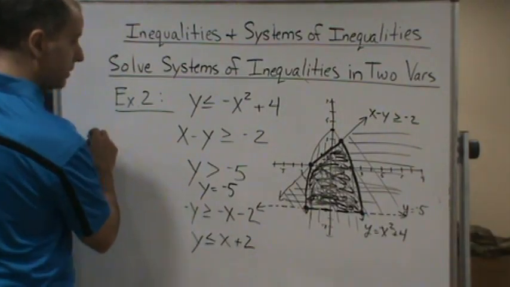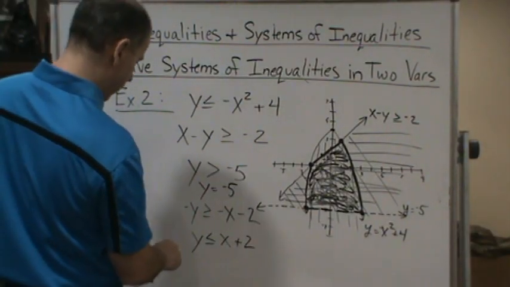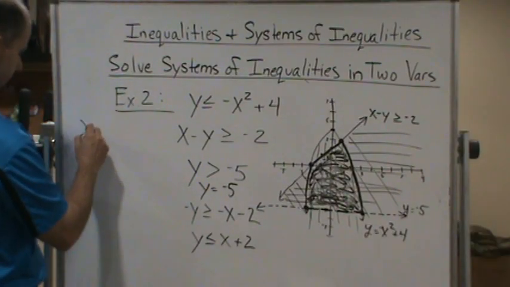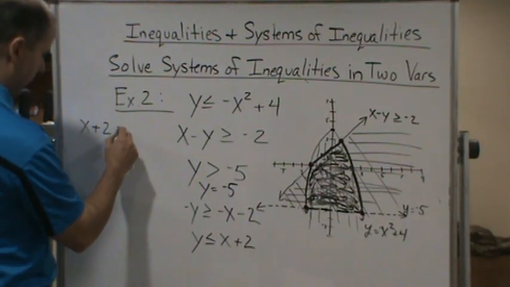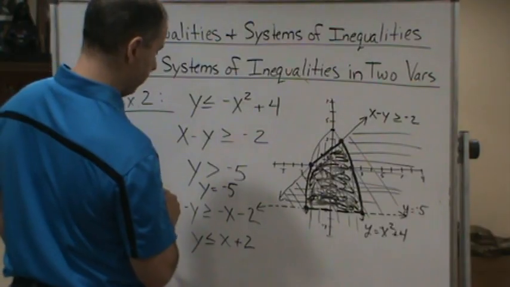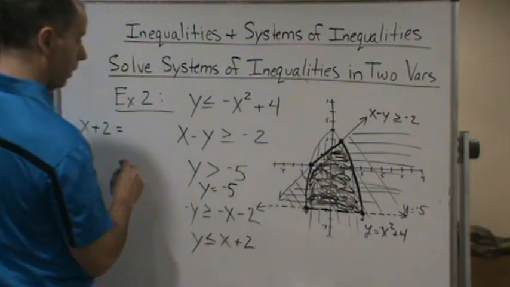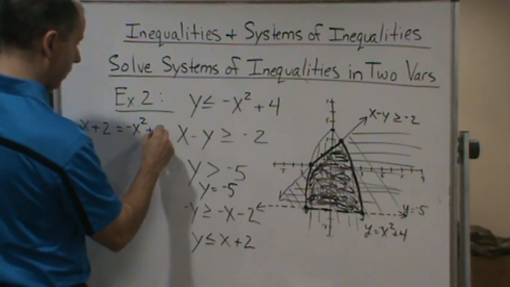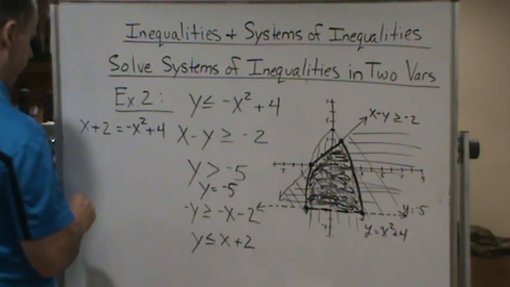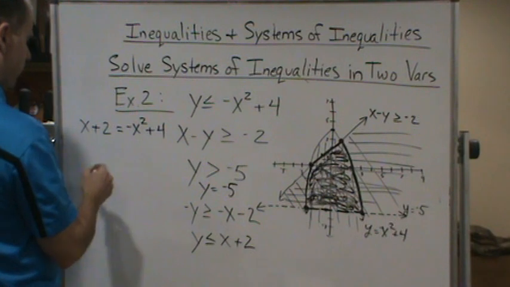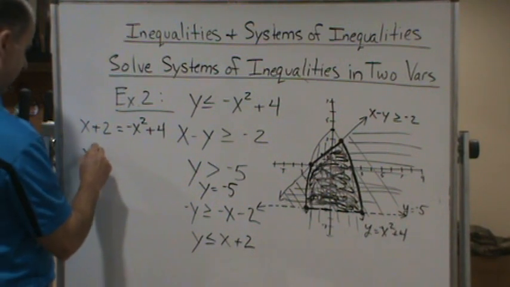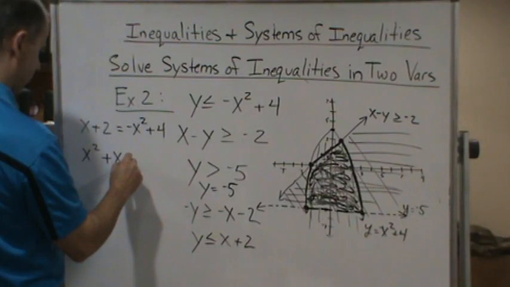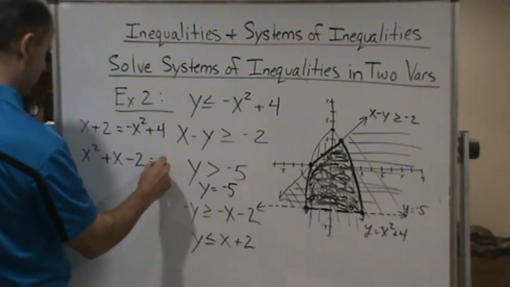So we're going to set x plus 2 equal to negative x squared plus 4. So if we move everything over to the left, we get x squared plus x minus 2 is equal to 0.